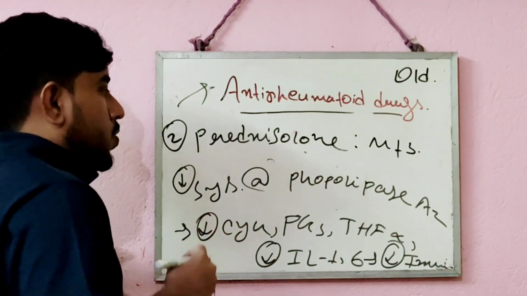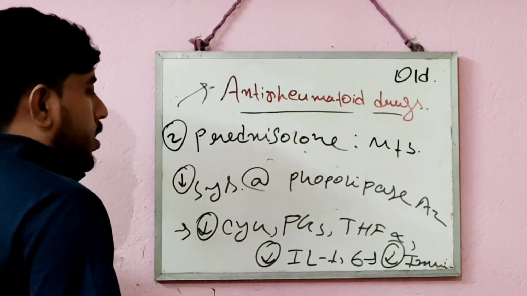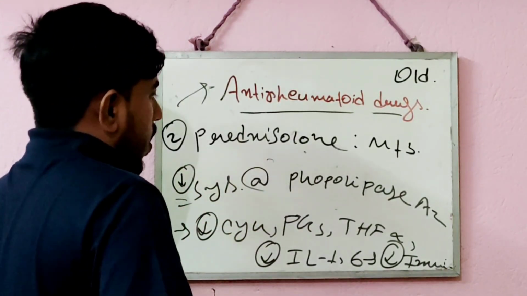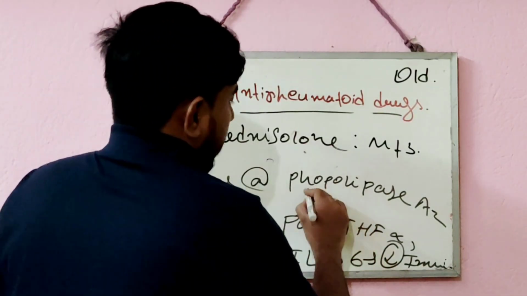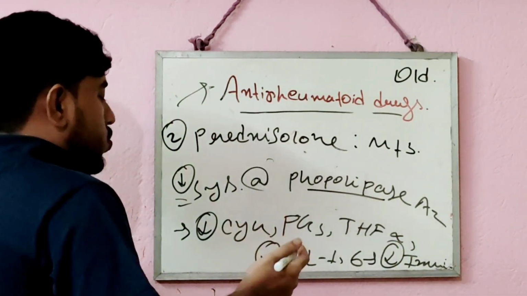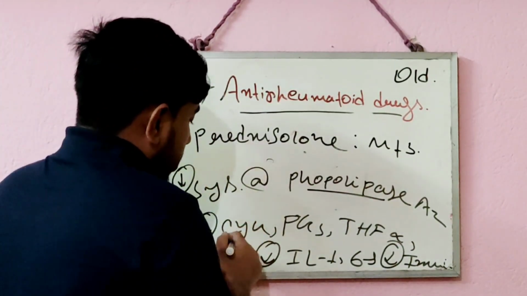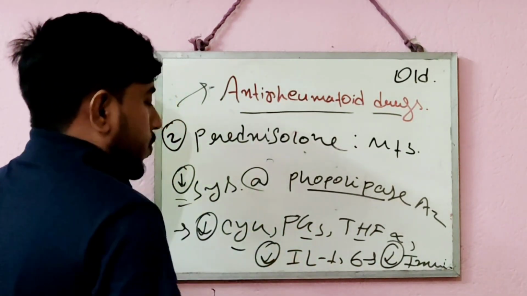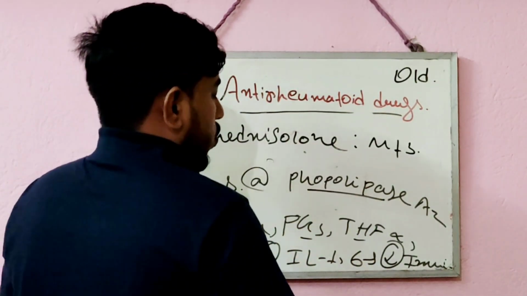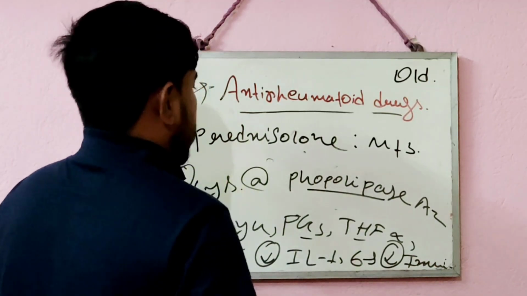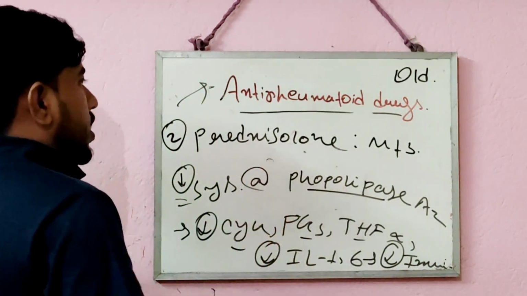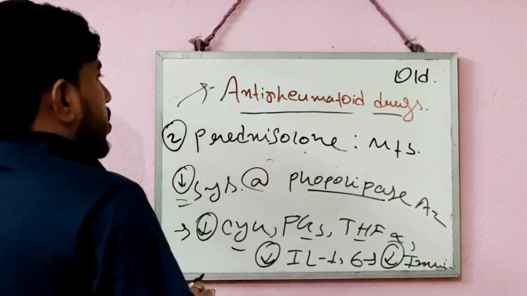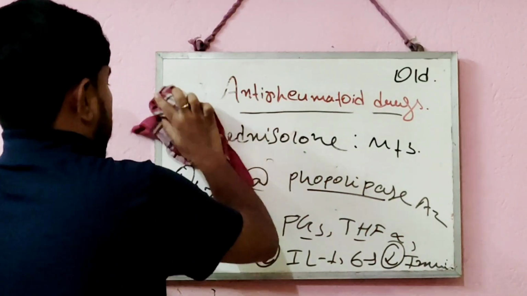And sometimes prednisolone can also show its action by inhibiting the synthesis or action of phospholipase A2, which will lead to a decrease in synthesis of cytokines, prostaglandins, TNF alpha, and interleukins 1 and 6, and it is going to suppress the immune system, and by that prednisolone can treat arthritis and be used as an anti-rheumatoid drug.